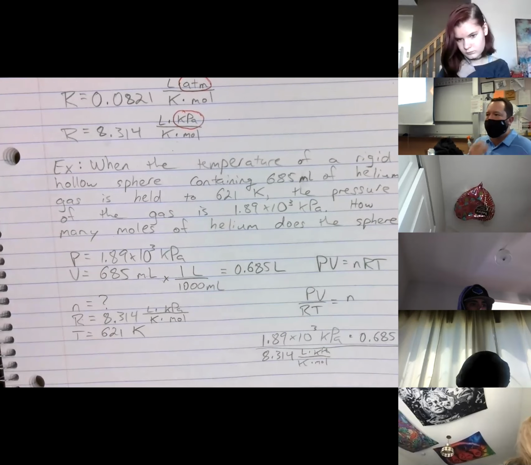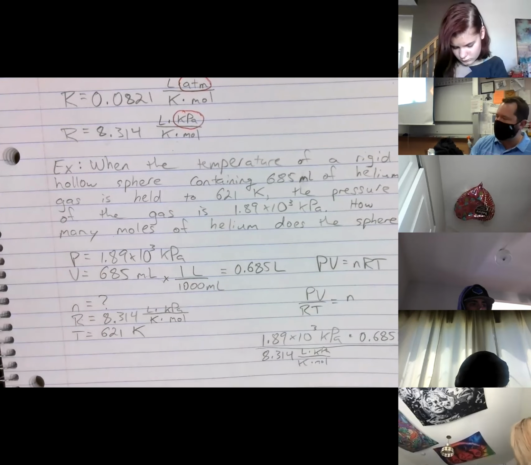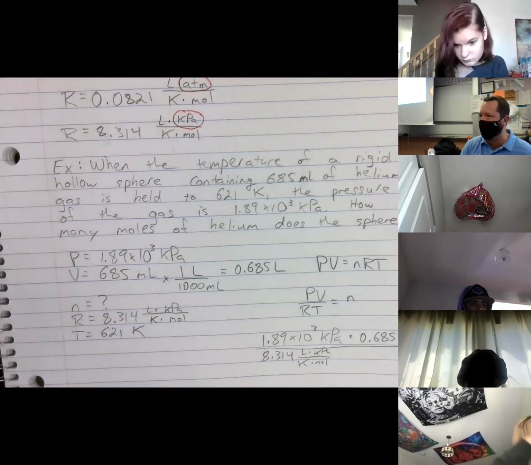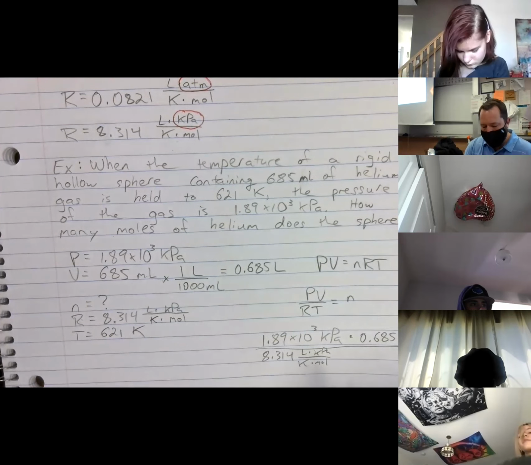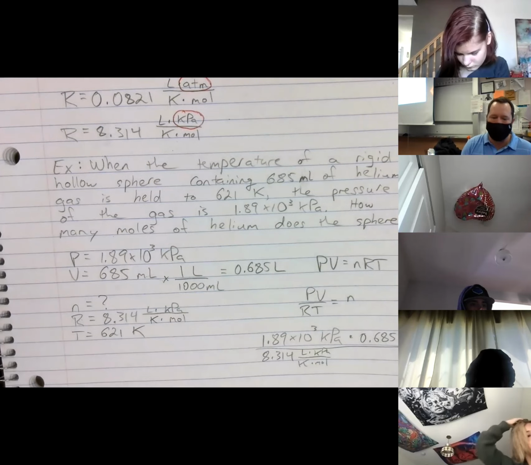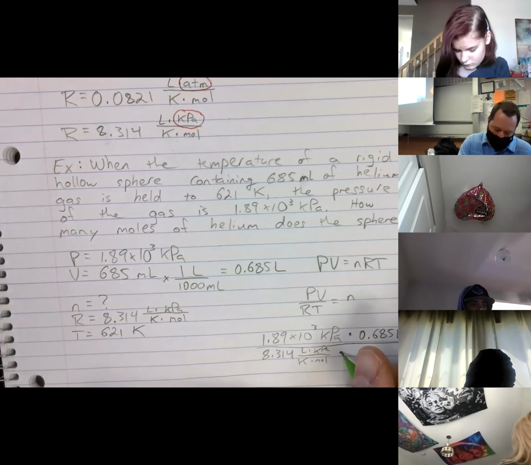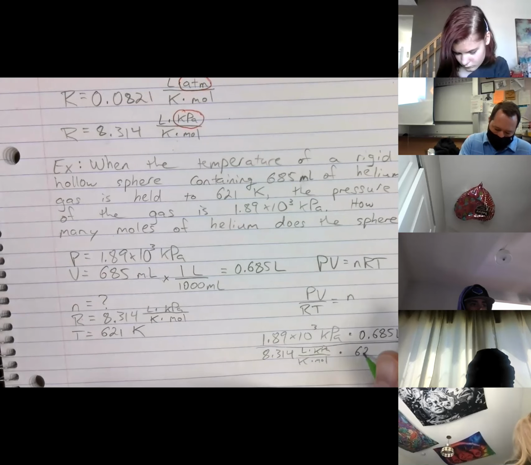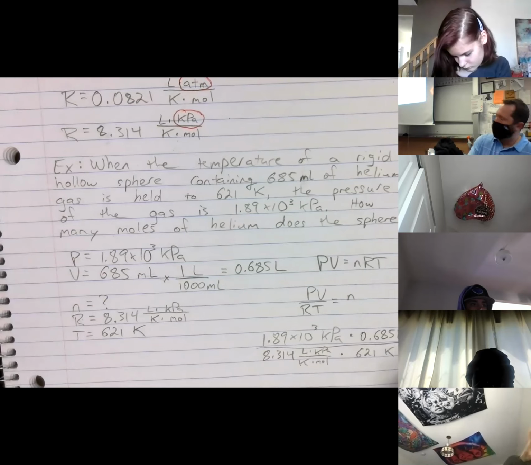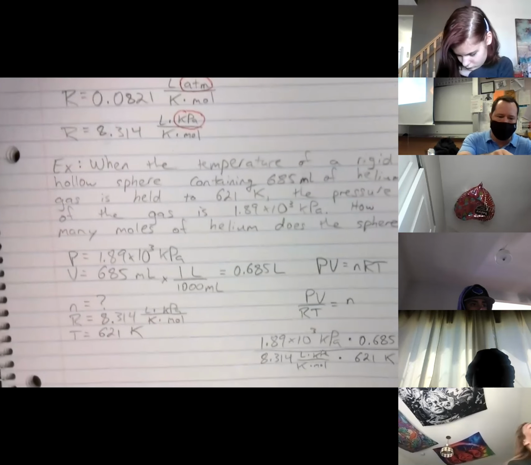Yes, you do need to show your work. Show your units. I need to see that. I know it's a big, nasty one, but I need to see that. That's how all the units cancel out, is only because it's there. If it's not there, all the units don't cancel out. And 621 Kelvin. All of that together will give me my n value.